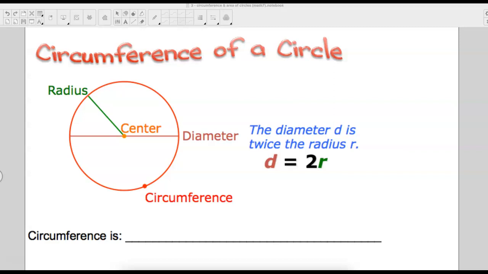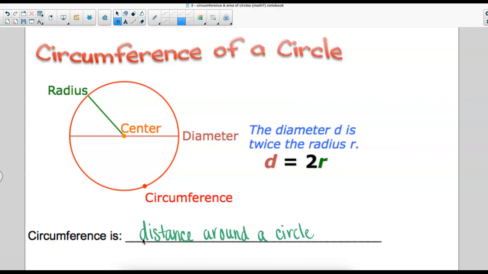Circumference is like our perimeter of circles. Circumference is the distance around a circle.